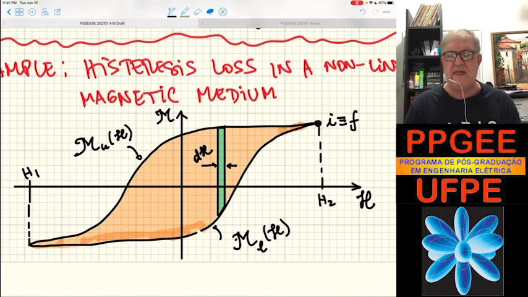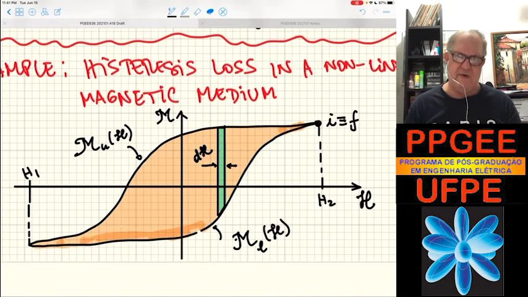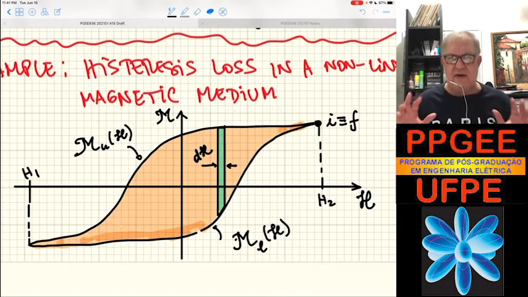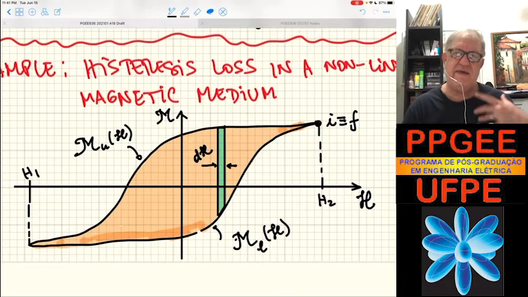If this energy change is positive, it means that the agent is supplying energy to the magnetic material. That energy is supplied after every cycle, and eventually you cannot keep increasing the energy stored in the system, right? The dipoles increase the stored energy, but they give some to the lattice, to the material, in the form of heat that doesn't come back.